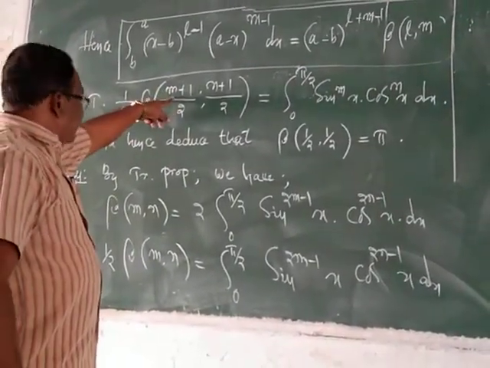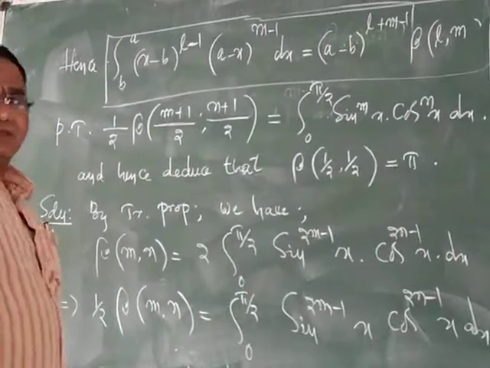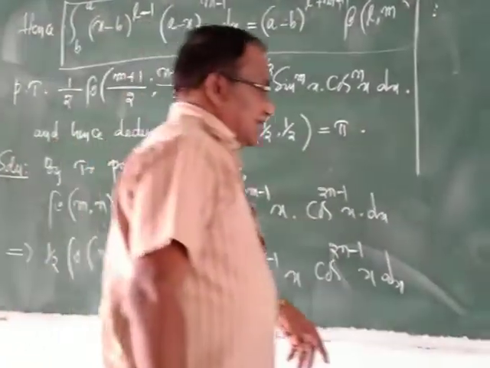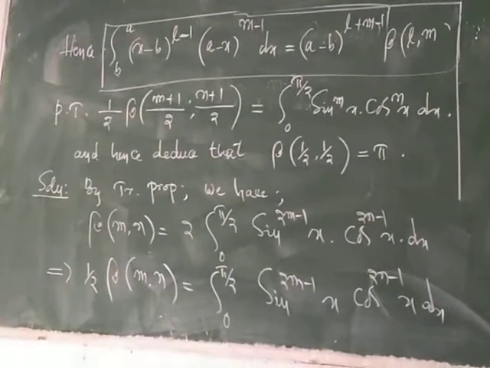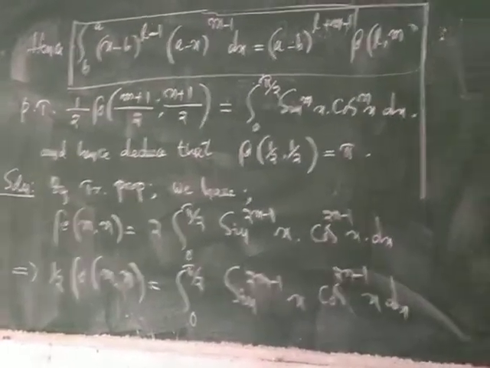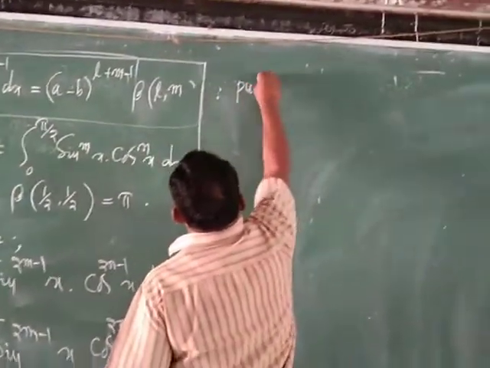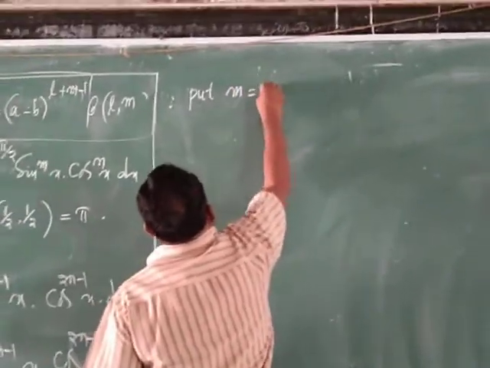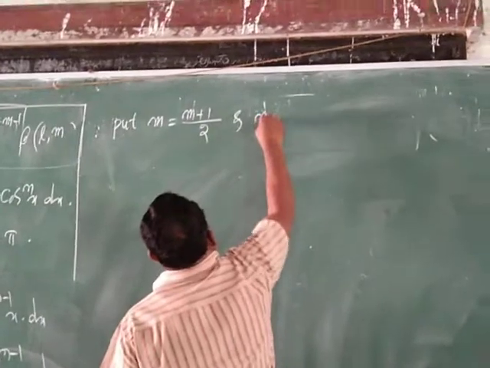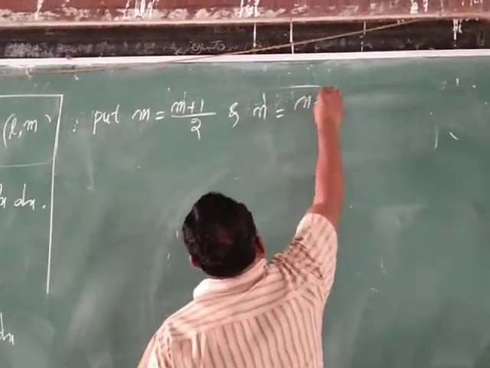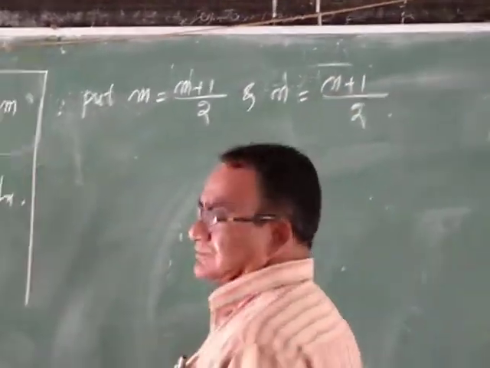You make use of this substitution. Instead of m, we have m plus 1 by 2, and instead of n, we have n plus 1 by 2. Put m is equal to m plus 1 by 2 and n is equal to n plus 1 by 2.